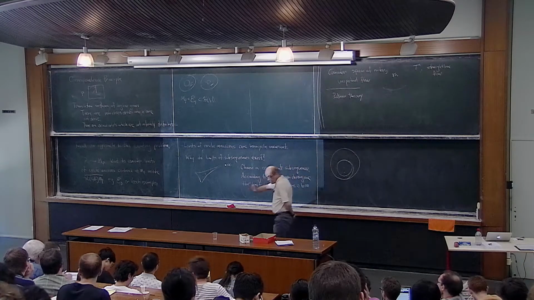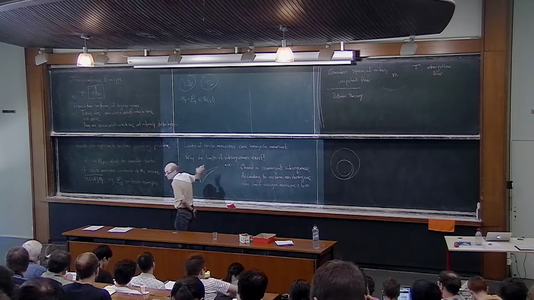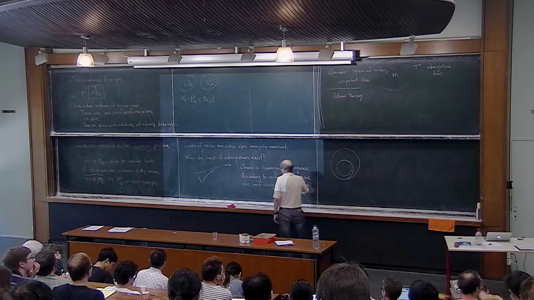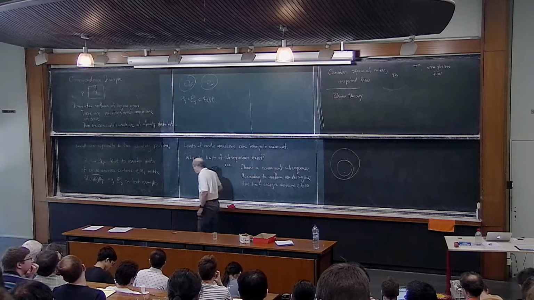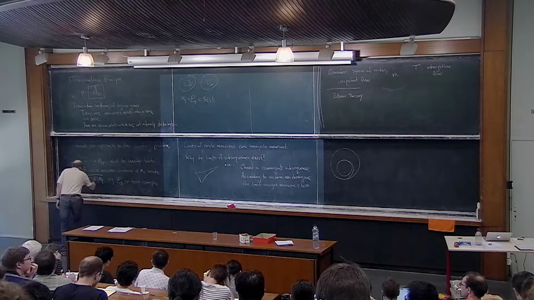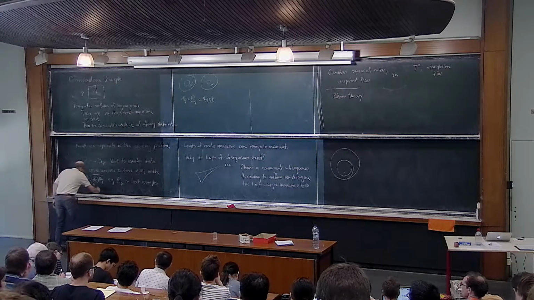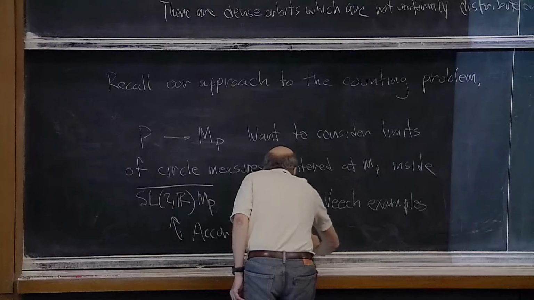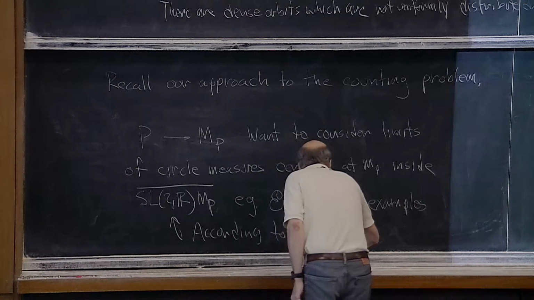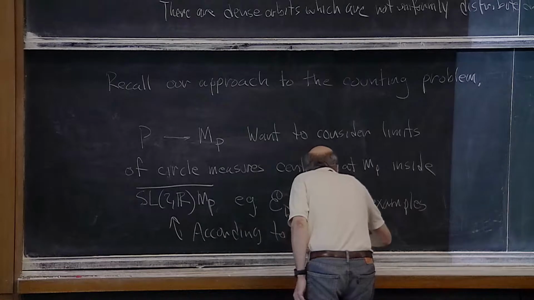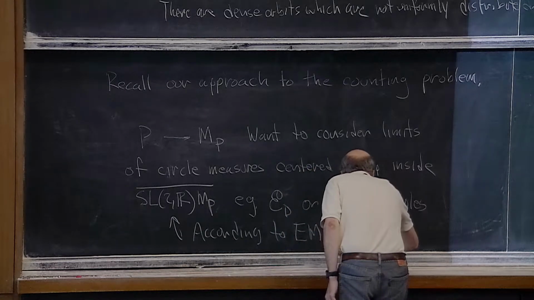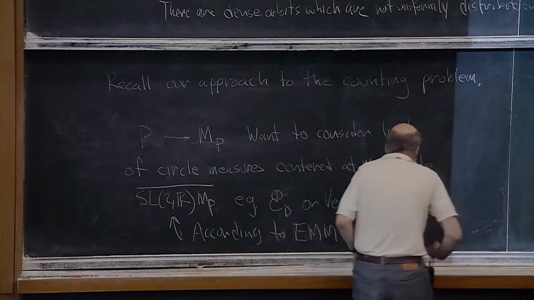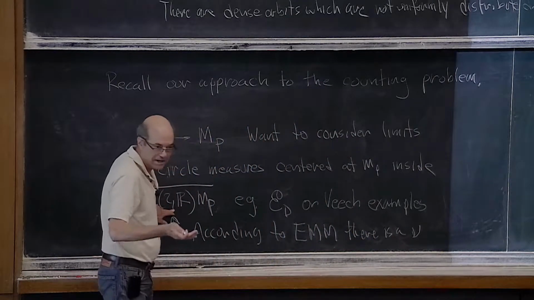Okay, but I want to return here to the counting philosophy. The counting philosophy is that, according to Eskin, Mirzakhani, Mohammadi, there is a natural probability measure nu on this orbit closure, which kind of plays the role of the Haar measure.